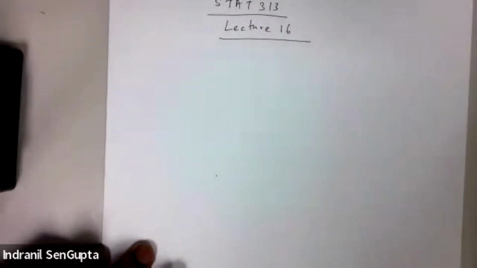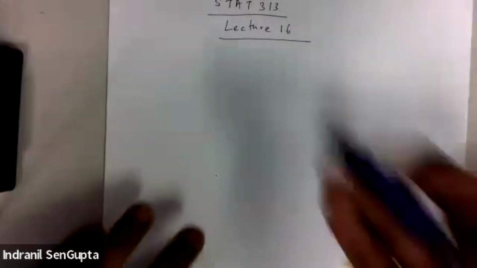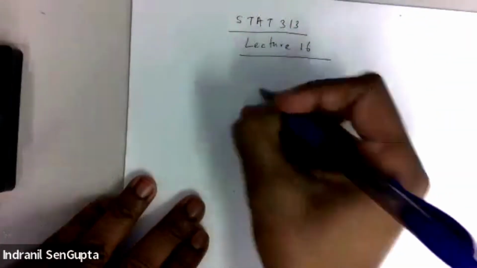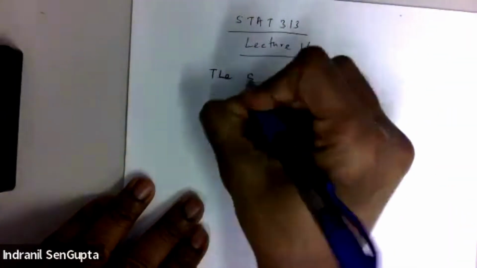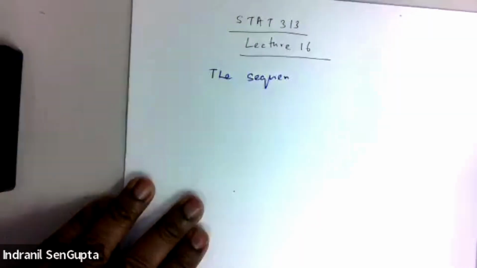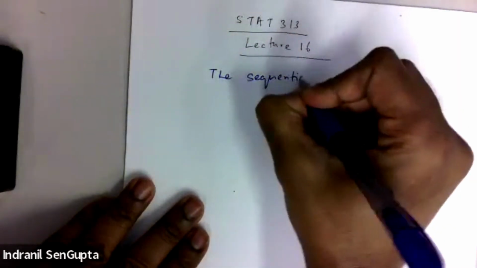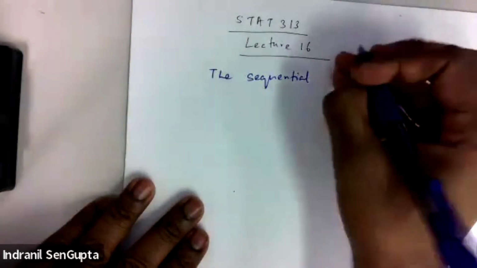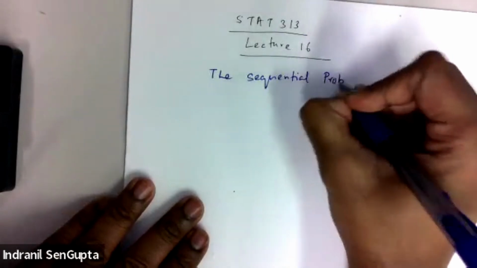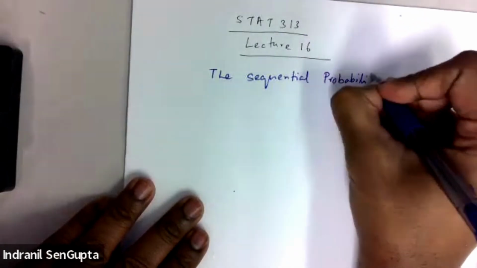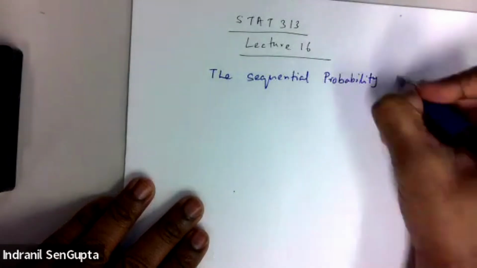Okay, so this is called the sequential probability ratio test.